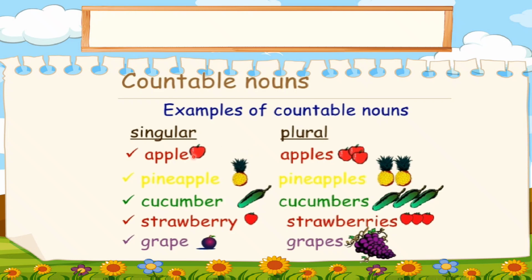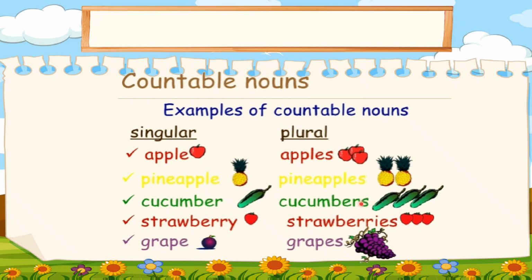Okay, let's have some examples. This one is only one, so we can say apple. For this, we have 1, 2, 3, so we can say apples. This one is only one, pineapple. This one is pineapples. Cucumber, cucumbers.